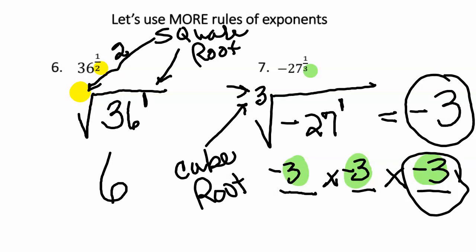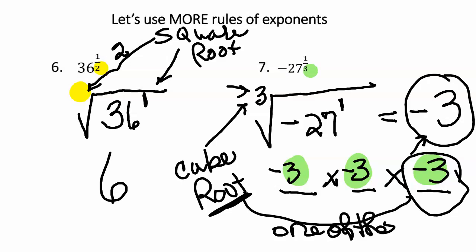One of these 3's is my root. One of these 3's is my answer. Now, just as I did 36, how did I get 6? Well, think about it.